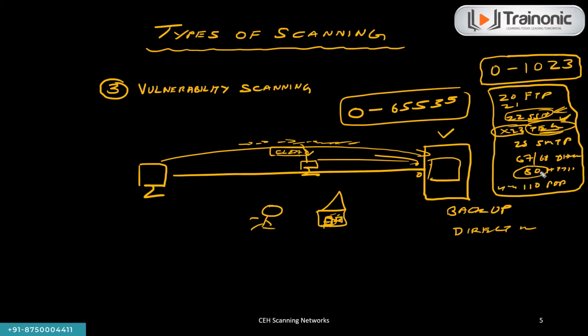And then 443. So 80 is HTTP, 443 is HTTPS. We use HTTPS over HTTP, because even HTTP is an insecure service, right? Even if you're using HTTP, the username and password are carried in clear text.